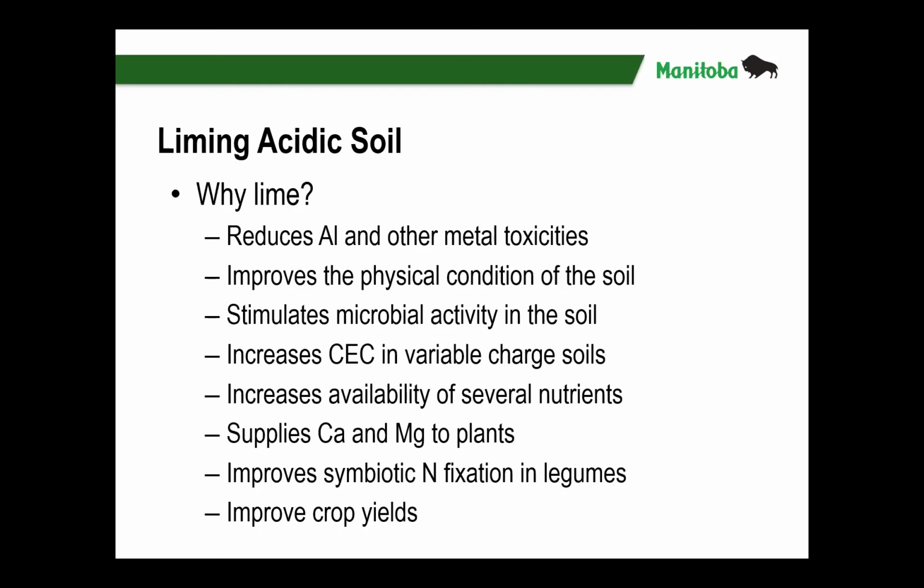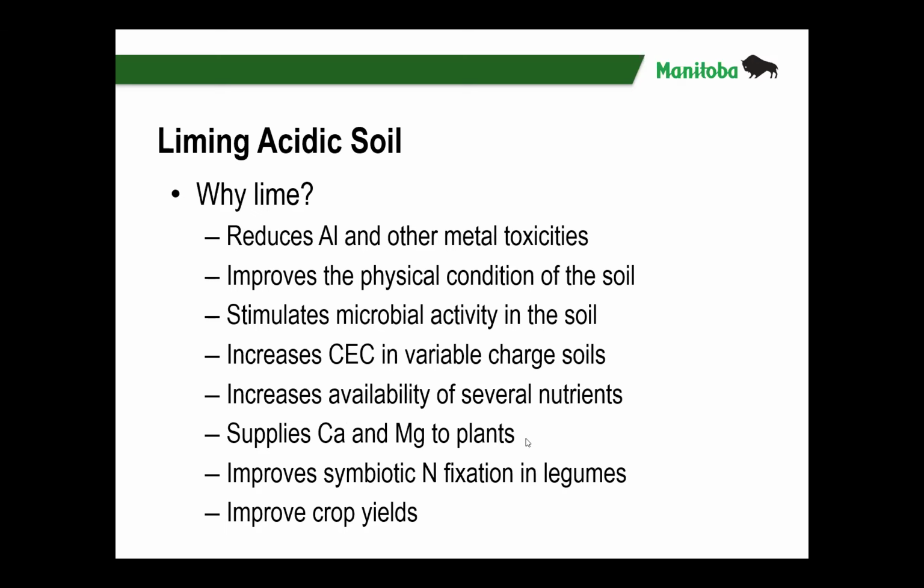It can increase that CEC if you've got variably charged soils, and that's just because we have more charges essentially added. It can help to increase the availability of nutrients. Obviously, things like phosphorus can be impacted negatively when we have low pH soils, and so that can bring that back up again.